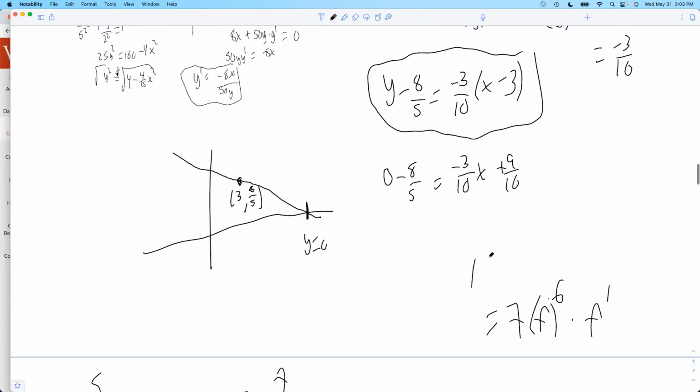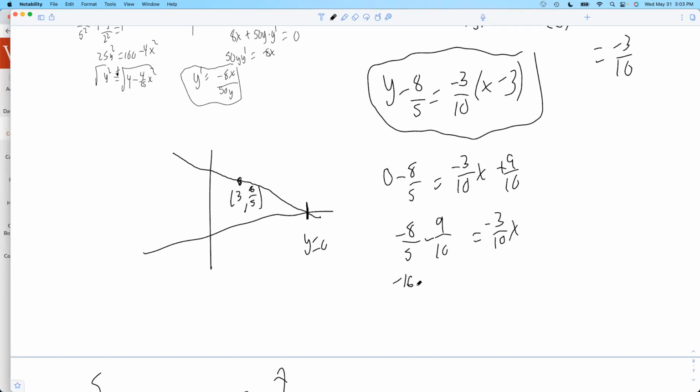So now I just got to do a little cleanup. Let's move the 9/10 over. Just a little adding fractions here. Minus 9/10 is -3/10 x. So this will be what? -16/10 minus 9/10, which is -25/10.